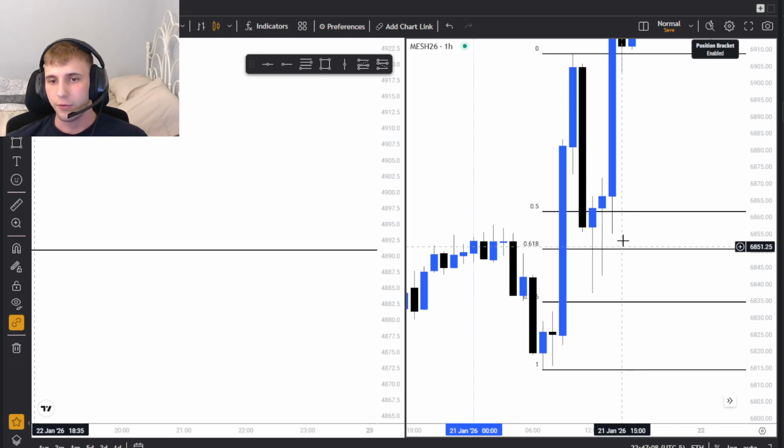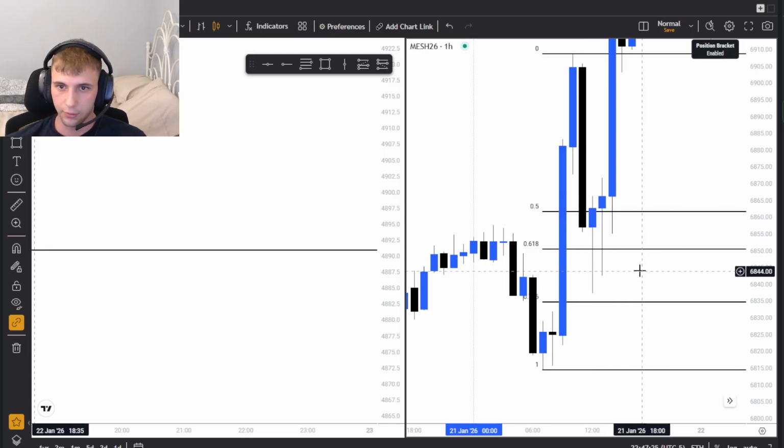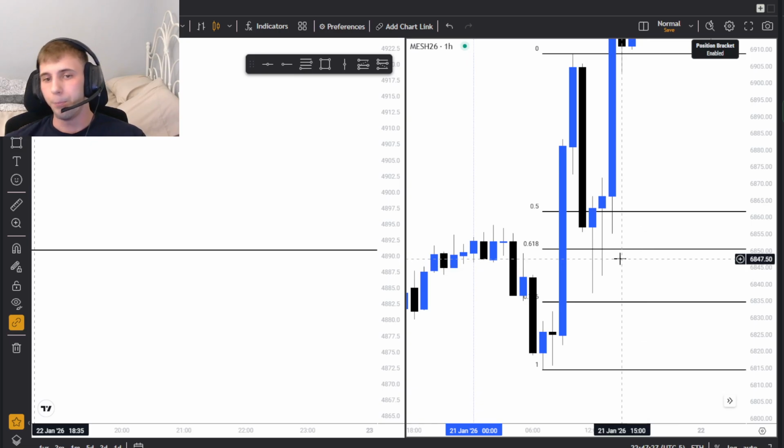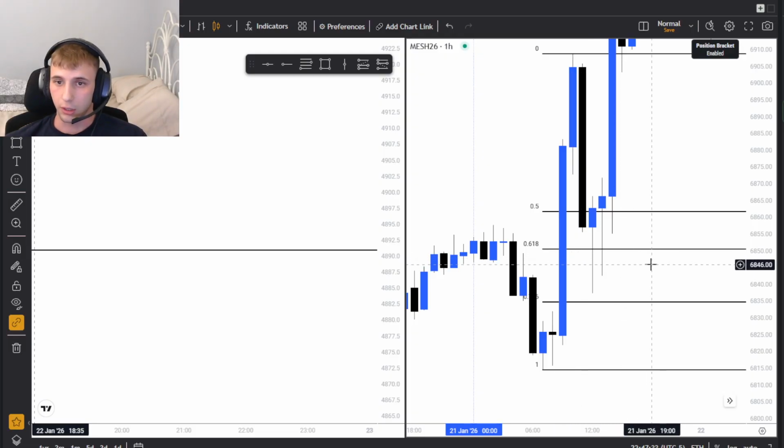If this candle closed down here, does that completely invalidate the fact that it is a retracement? No. It still could be a retracement. We could still reject off of this level, but the likelihood becomes a little slimmer, if that makes sense. So you should proceed with a little more caution.